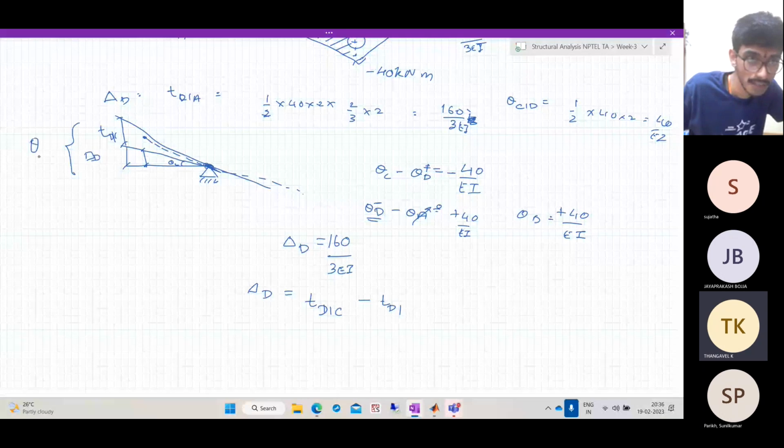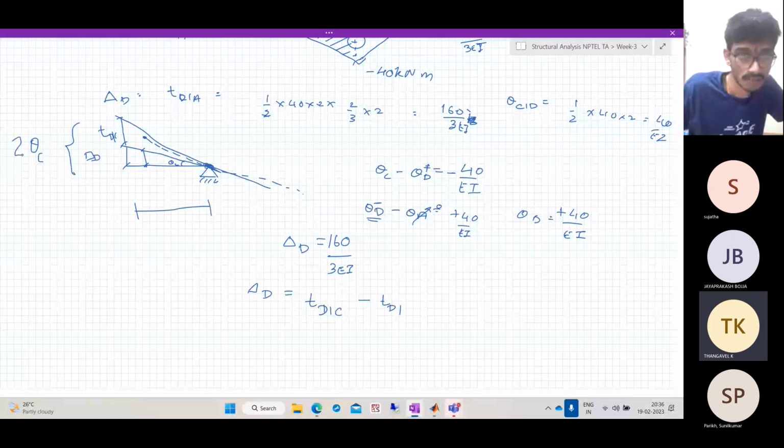It is theta C times this total length. And what is the total length? 2.